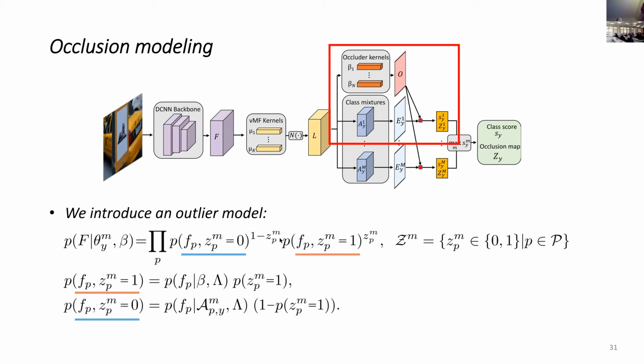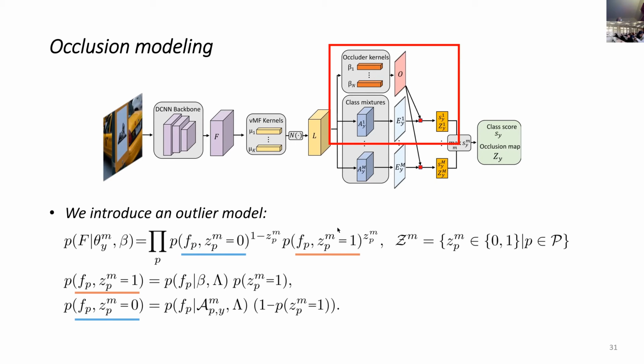But you can introduce a dummy variable Z_p, p being position, and Z_p being 1 means that the feature vector is generated by the object. Z_p being 0 means it's generated instead by the occluder kernels.